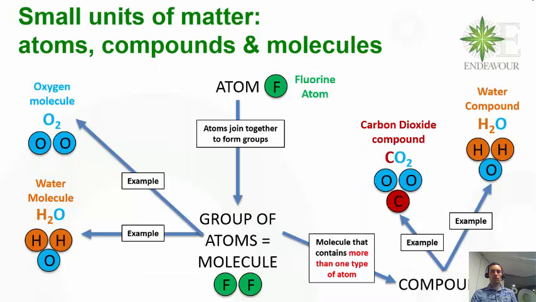Alright, so now we're going to review the definitions of our molecules and compounds just to make sure that we're really clear on this. So remember, the difference is that a molecule can have the same type of atom present multiple times or have different atoms present as well. So a molecule is any group of atoms.